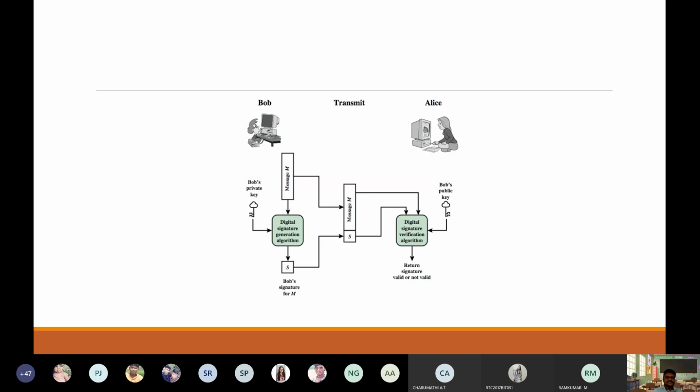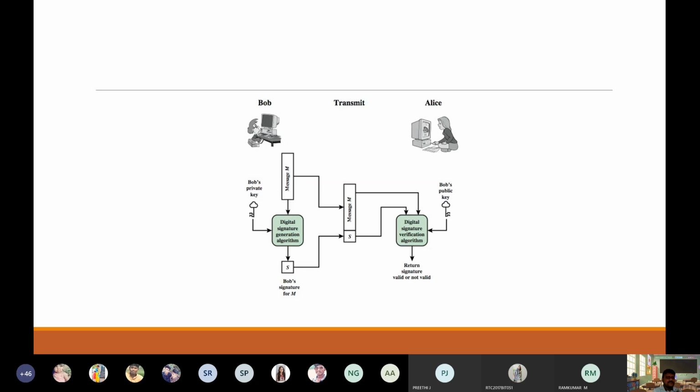After all the process is over, the original message along with our signature is sent to the receiver side. On the receiver side, the digital signature verification algorithm is run by Alice. It verifies the signature. If the signature is valid, Alice can confirm this message was from Bob.